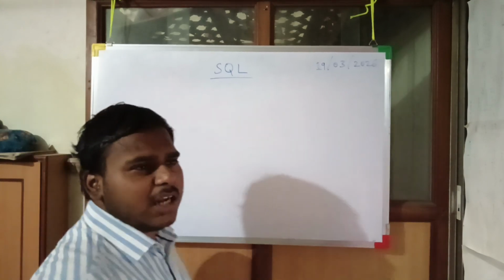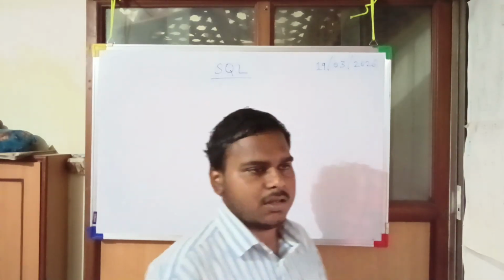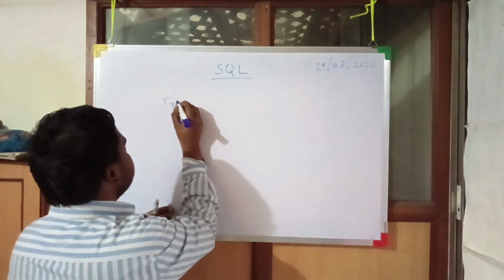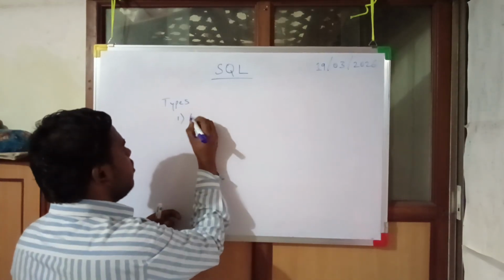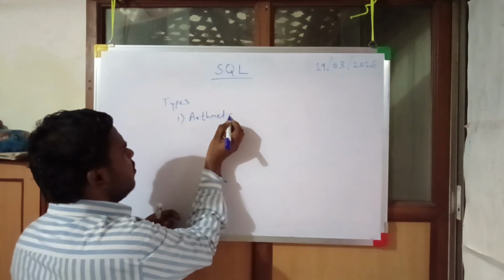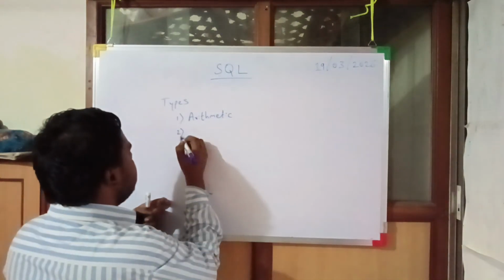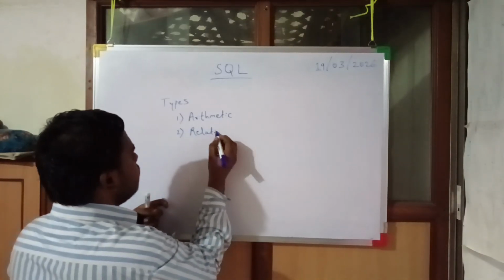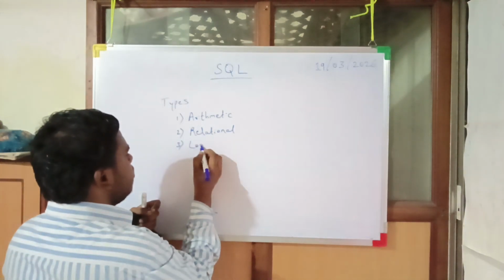Before starting the concept of logical operators, we need to see some types of operators. The first type is the arithmetic operator. Arithmetic means basic mathematics. Second, relational. Third, logical.